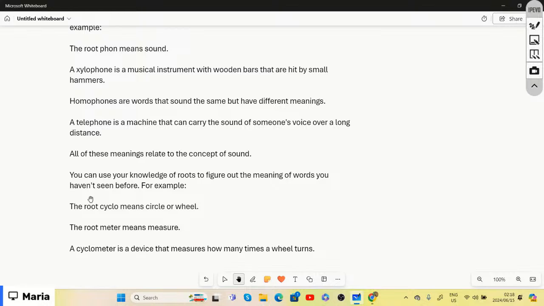And then the root meter means to measure, right? We get centimeters, millimeters, meters, kilometers, but each one of those measures, right?